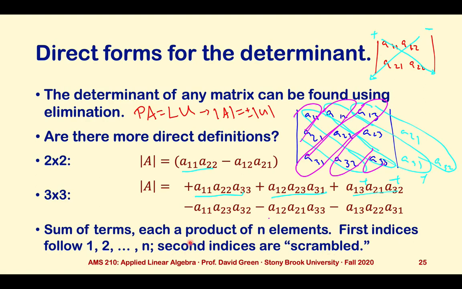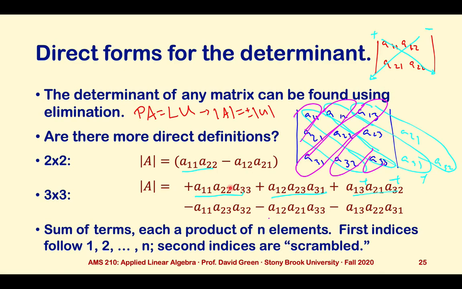The second indices have those same numbers, but not in the same order. 1, 2, and 2, 1. 1, 2, 3, and 2, 3, 1, and 3, 1, 2, and 1, 3, 2, and so on. The second indices are scrambled versions of the sequence 1 through n.